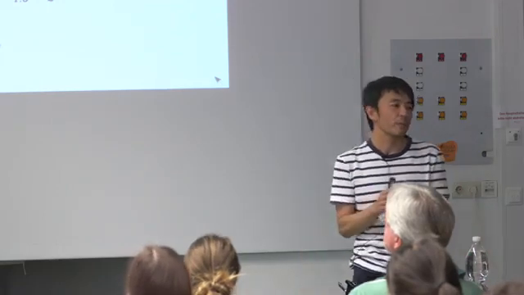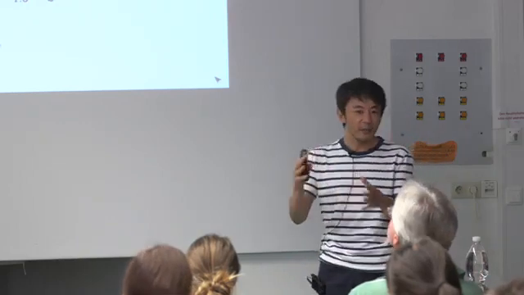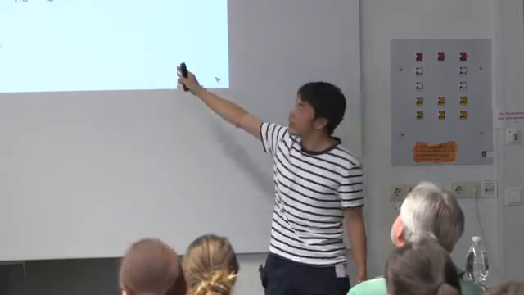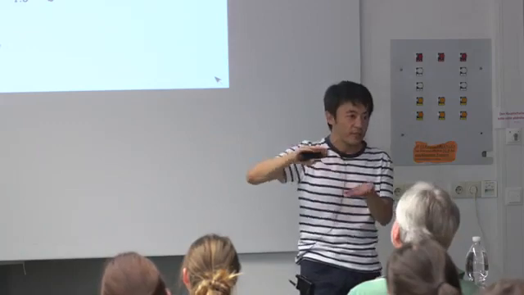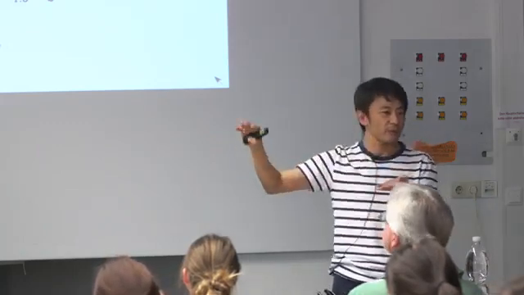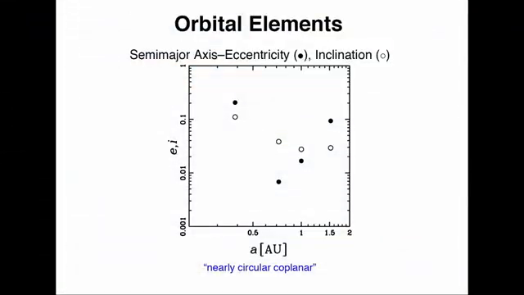That means the terrestrial planets' orbits are nearly circular, and the mutual inclination is very small, so they are coplanar. In this figure, the inclination is measured from the mean orbital plane of the solar system, called the Laplace plane. So the orbits are very neat, well organized.